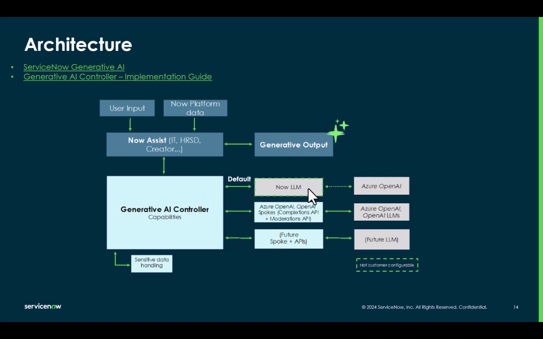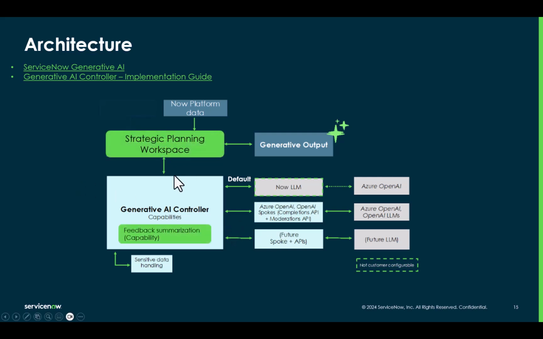So once you send the request, the response is returned back to the requester with the generative output. So a very simple example here. The default, you cannot change this configuration. This is controlled by ServiceNow, but as we said before, you can define which model you want your capabilities to use. So it's flexible.